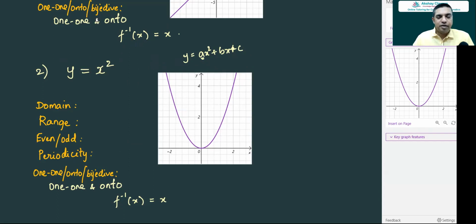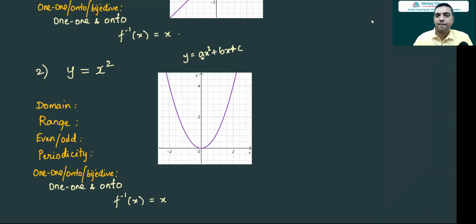Now, what is the domain? Domain is the set of all values for which the function is defined. So what is the domain? Minus infinity to infinity. Yes, correct. Good. So domain is R. What is the range? 0 to infinity.